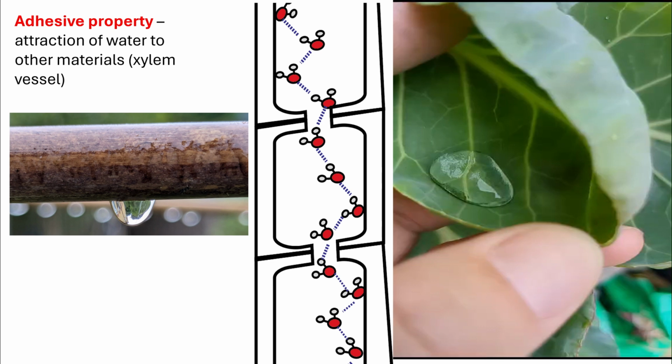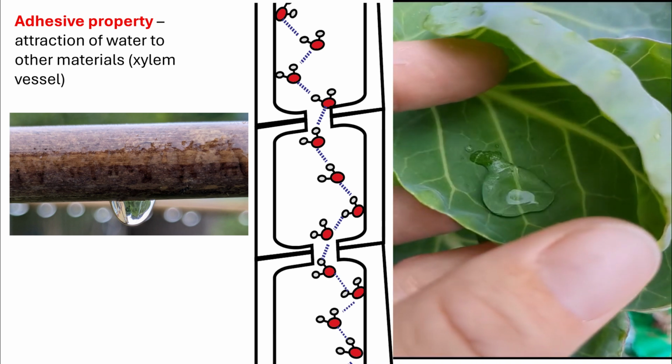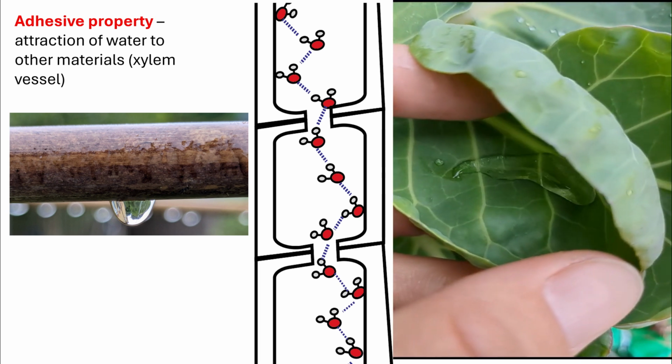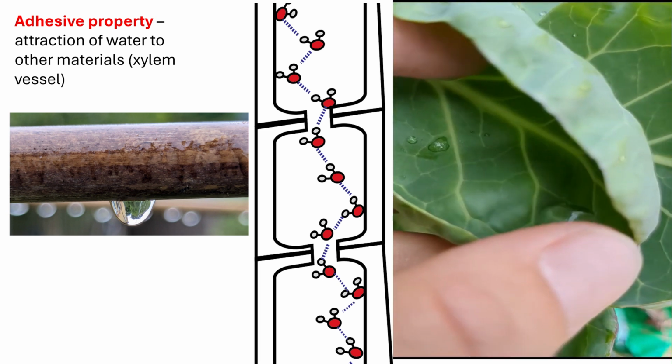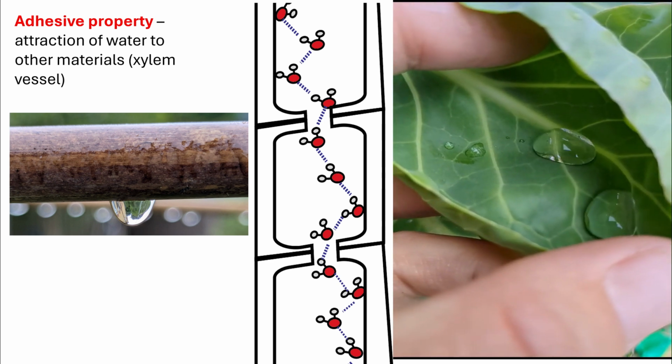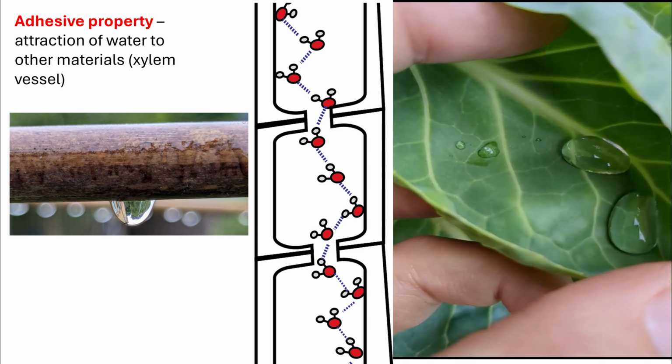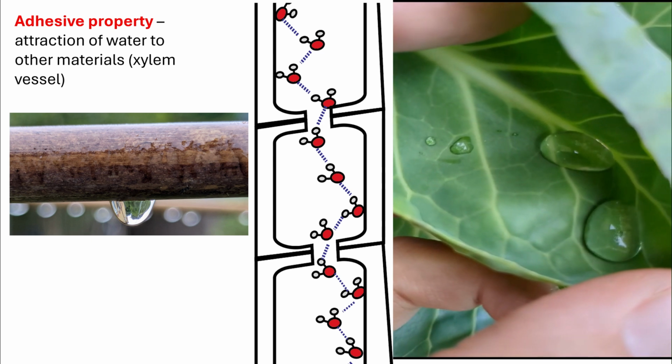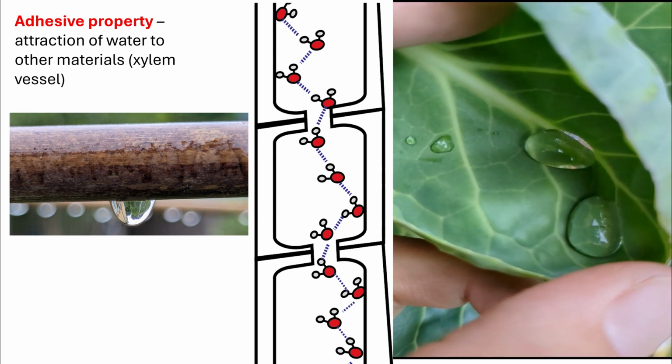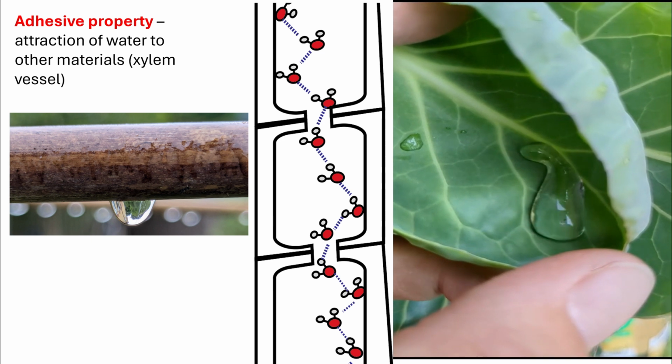So the adhesive property is where the water is sticking to another material, but we also have the cohesive property where the water is sticking to another water molecule. If you look at a drop of rain on a leaf, you can see the cohesive property making these drops of rain, but also the water will actually flow as one.